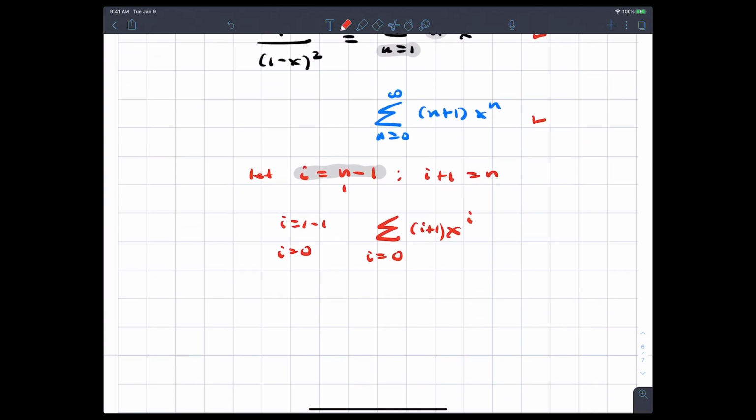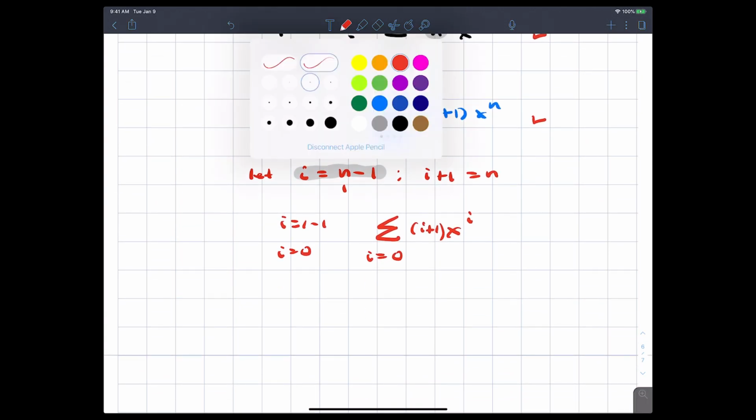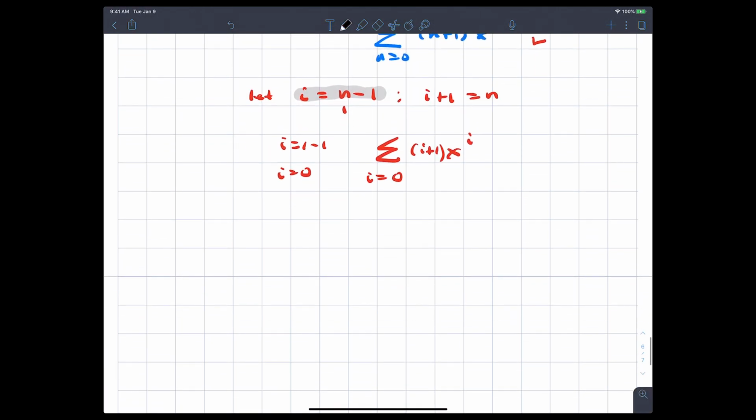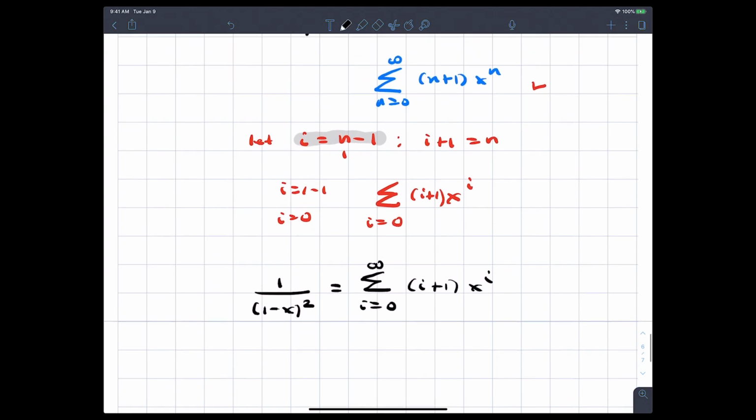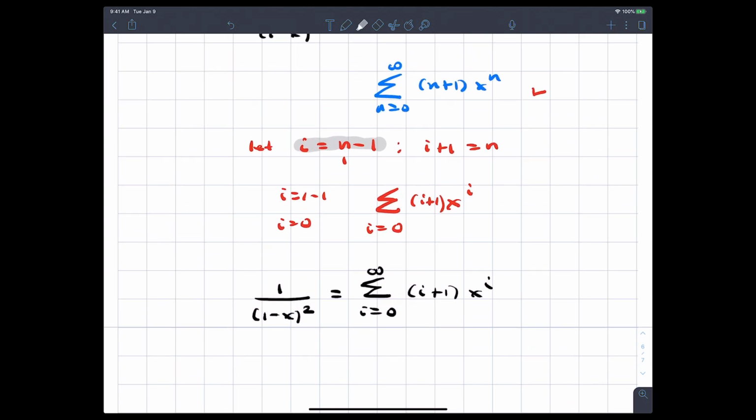So you can say that the power series representation here of 1 over 1 minus x to the second power can be described as i goes from 0 to infinity, i plus 1, x to the i. You can keep it this way. However, if you look at the book solution, what did they do? They changed your indices back to the letter n.